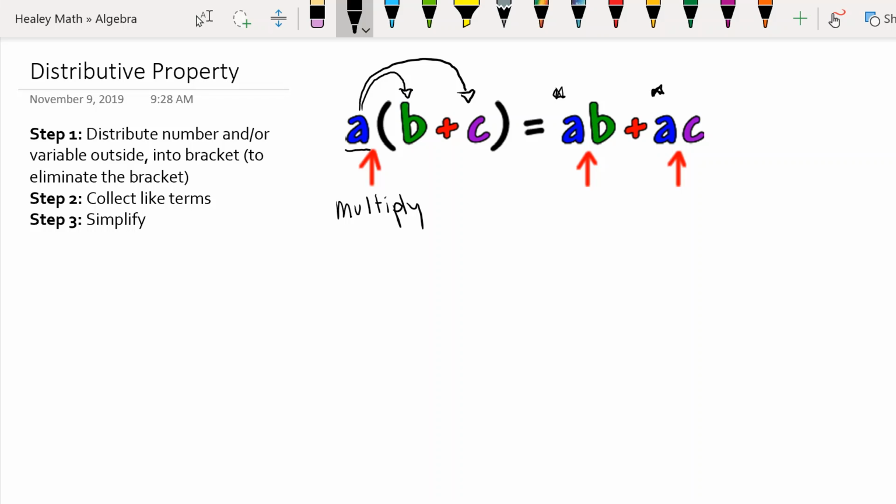For example, we might be given the expression 2 times 3x plus 4. And we might be asked to simplify.